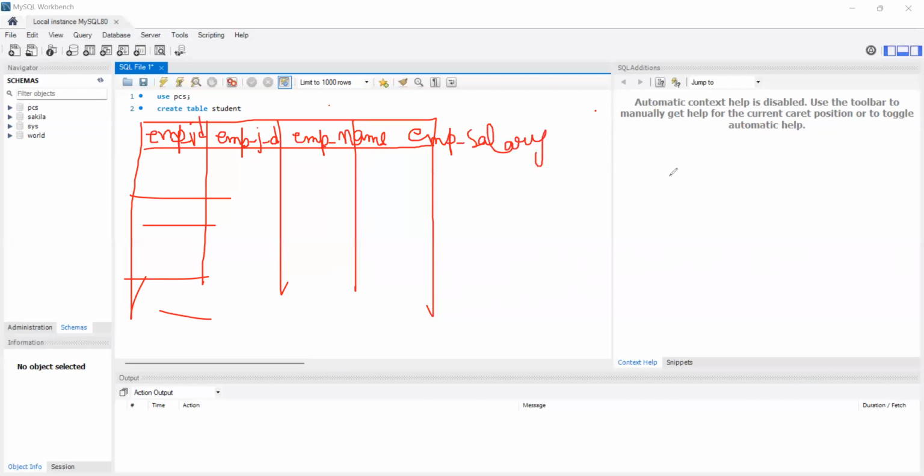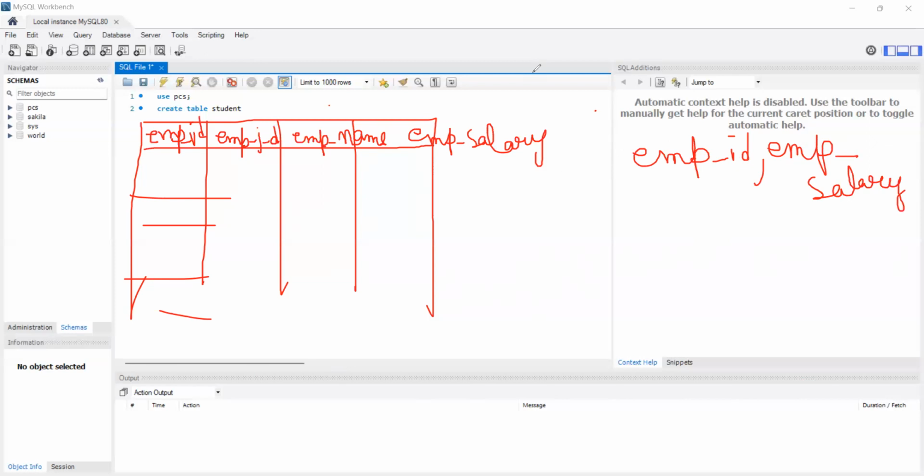So I want to fetch just employee ID and employee salary.